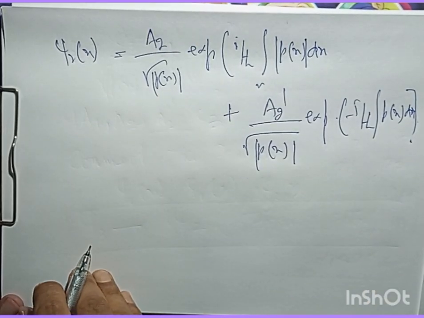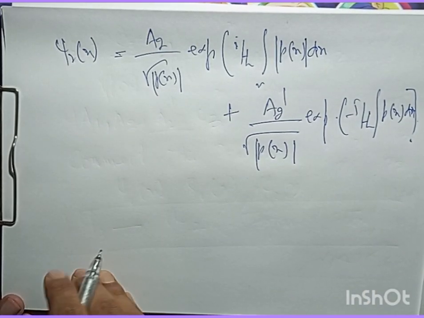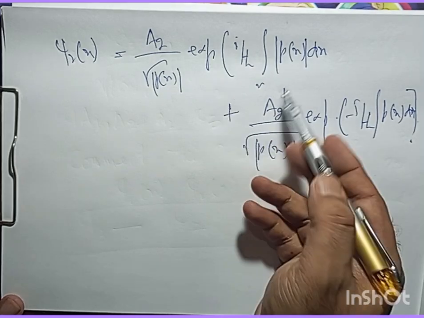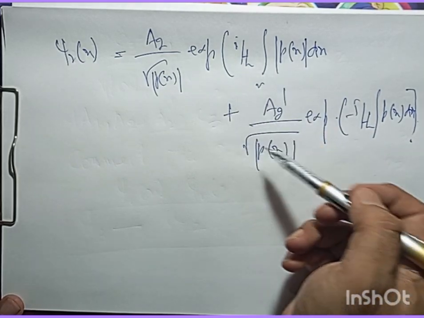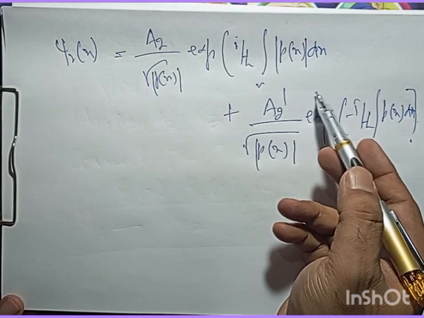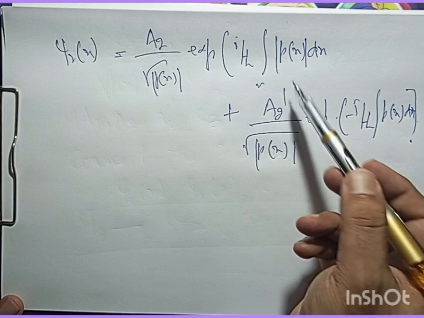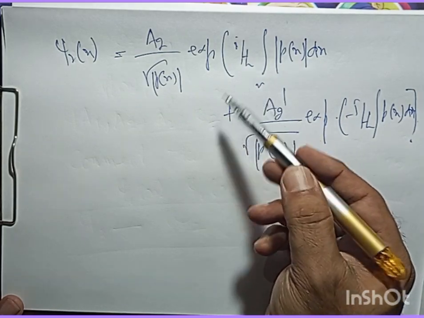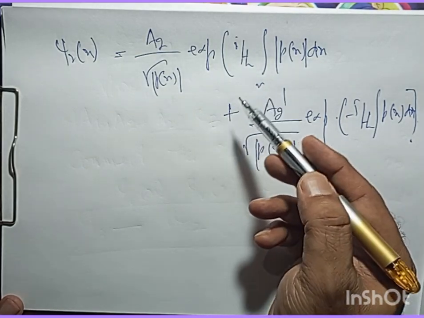All right, so this is our psi 2 of x, and we can see that we have a situation like exponential functions, and this equation can boil down to the sine function.